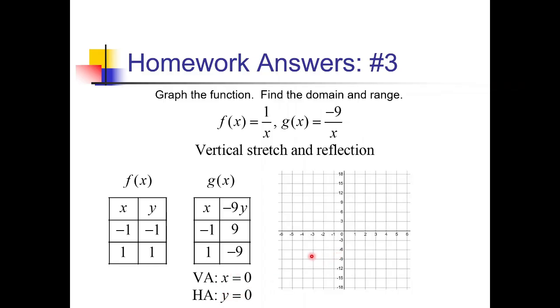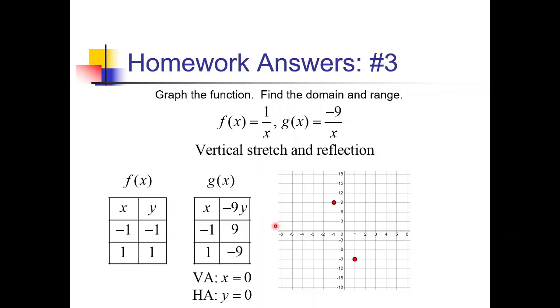Graphing all this out, since my x and y asymptotes here are just the x and the y-axis, or the y and the x-axis technically, I don't have to draw anything special because I've already got the axes to guide my graph. I do need to put these points in though. So we have -1, comma 9 right up here, and 1, comma -9.